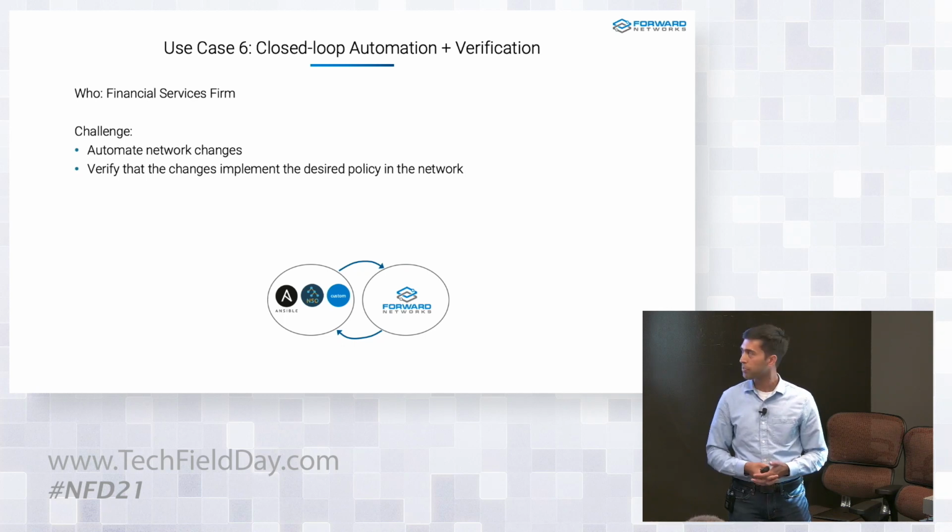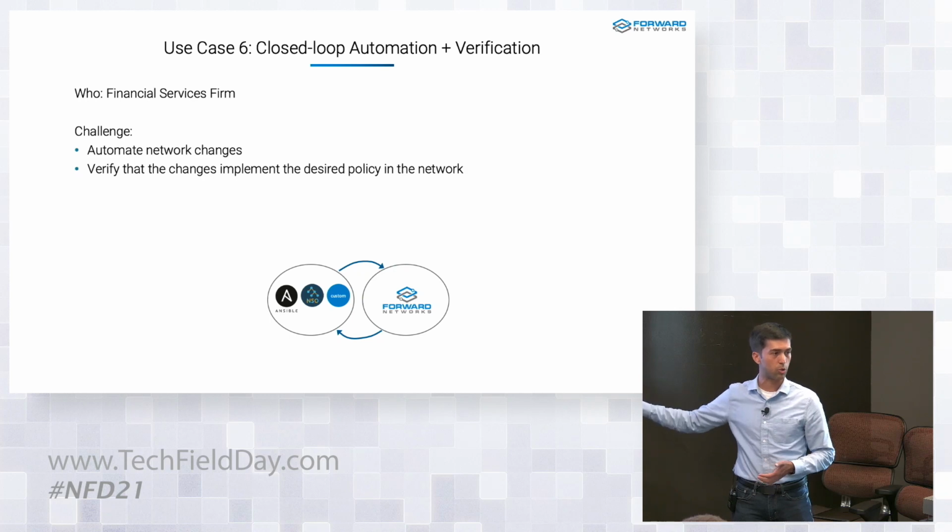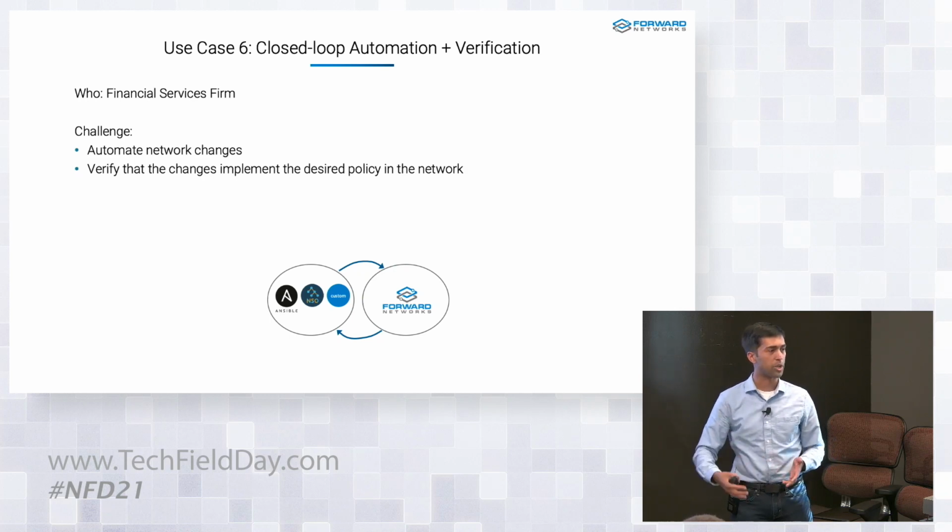You can use any orchestration system like Ansible, NSO, or any custom orchestration system to push out changes to your network. But you also want to validate that the changes have the desired effect and don't have any unintended consequences. That's where Forward can really help close that loop and enable this closed loop automation and verification system.